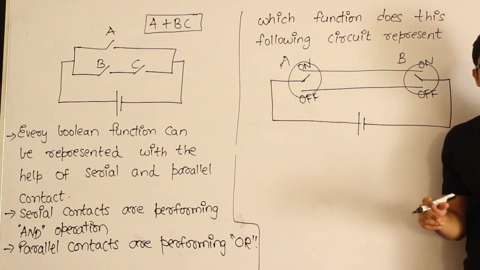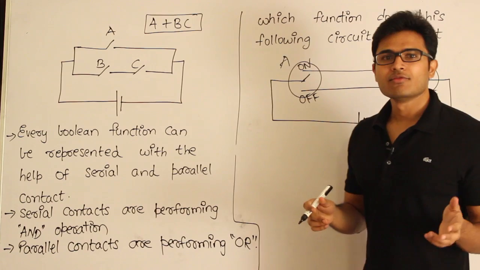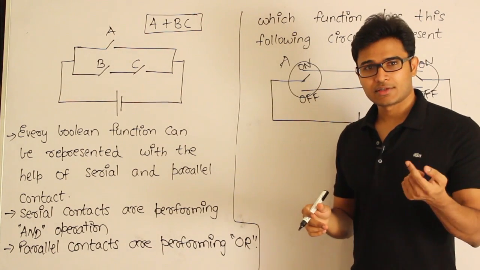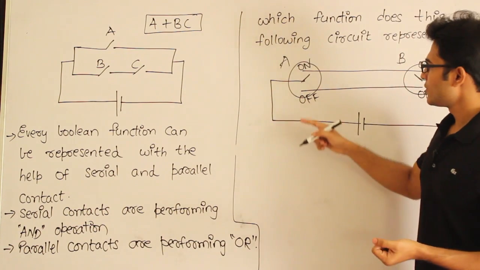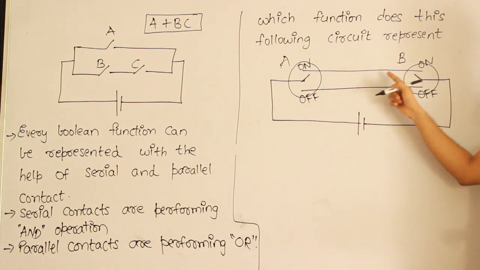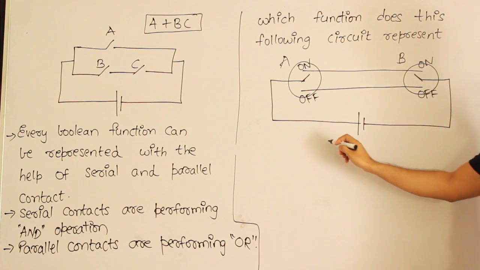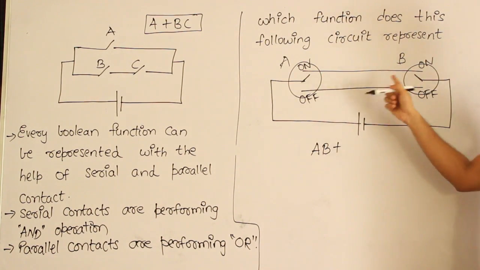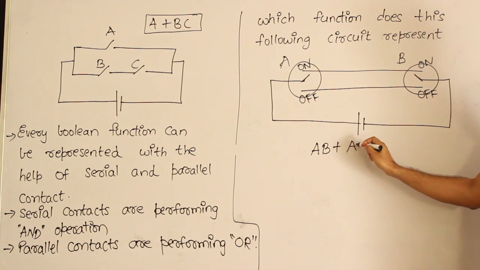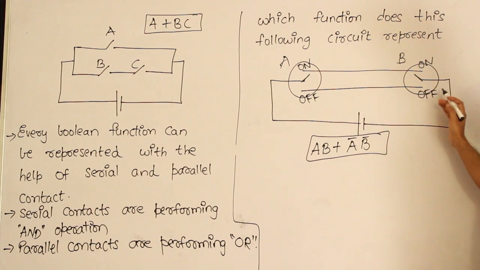Touching the on is nothing but using the variable in its true form. Touching the off is nothing but using the variable in its complemented form. If both A and B touch the on form, it is AB. If both of them touch the off form, it is A prime B prime. Therefore, the function represented by this circuit is AB plus A prime B prime.